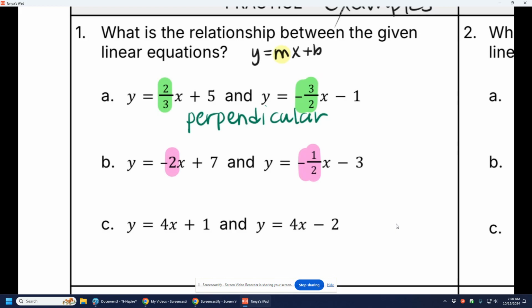So they are reciprocals, so 2/1 is 1/2, flipped over, but they're not opposite, they're both negative. So since it's not opposite reciprocals and they're definitely not the same, that makes this one neither. And in part C, 4x plus 1 and 4x minus 2, they're both exactly 4, exactly the same, meaning that these two lines would be parallel.